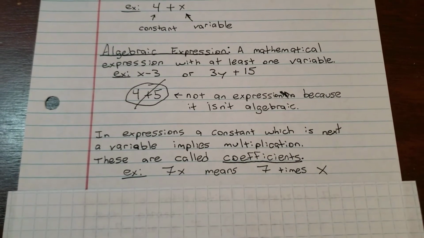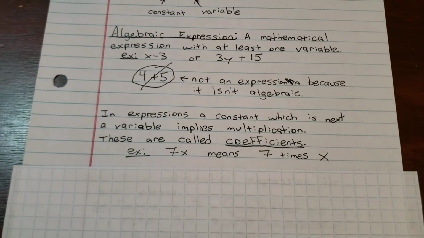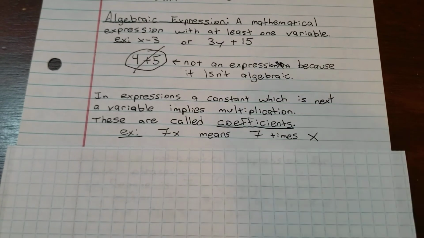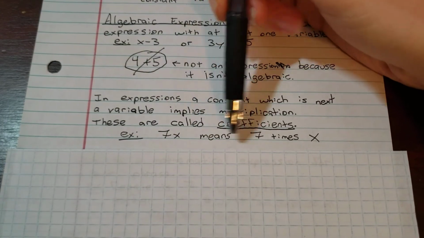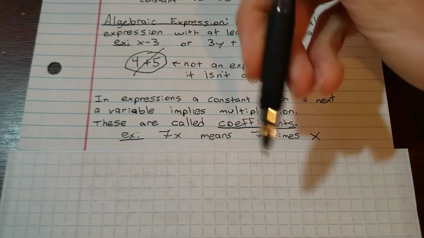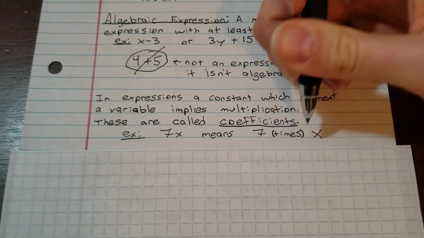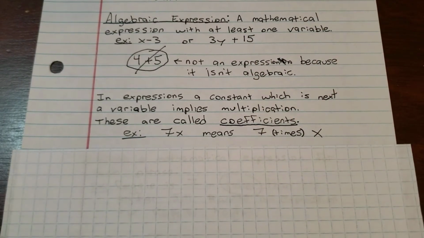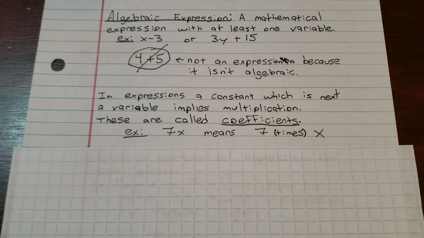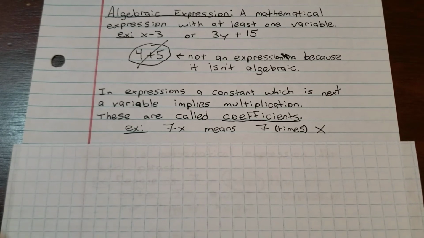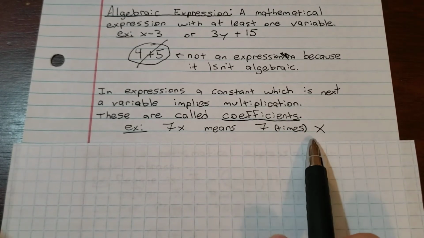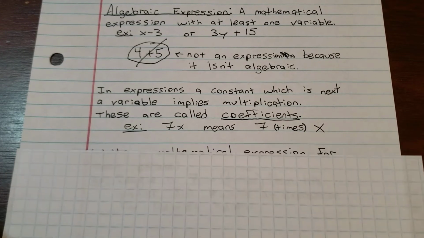Here's some more. If you need it spelled out, there it is right there. 7x means 7 times x. In this case, the 7 is the coefficient and the x is the variable, of course.